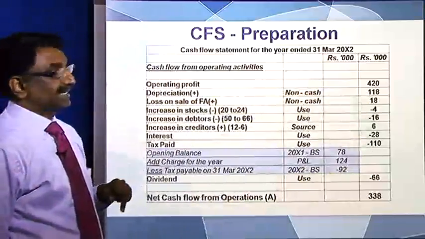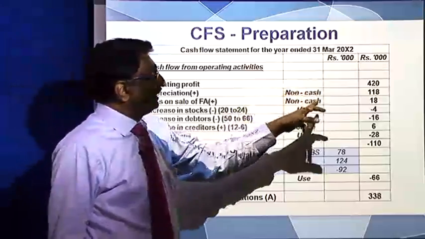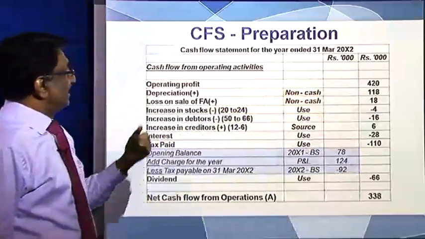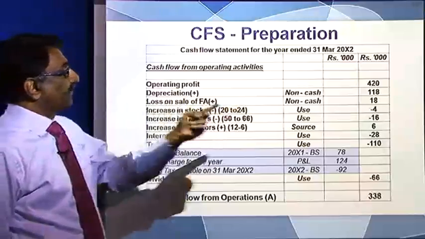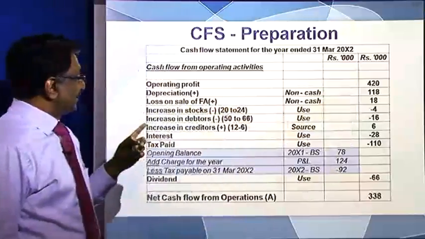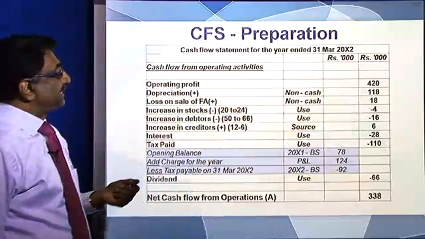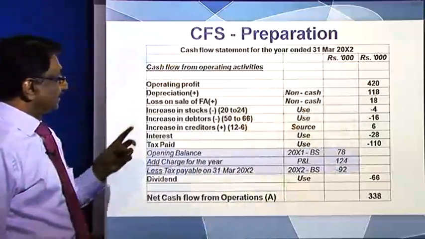Loss on sale of fixed assets, I explained to you, is actually not a cash outflow, and therefore that is added back. An increase in stock from 20 to 24 is a use of fund, so we need to reduce it. An increase in debtors is again an asset increasing, therefore a use of fund, and we again deduct that.